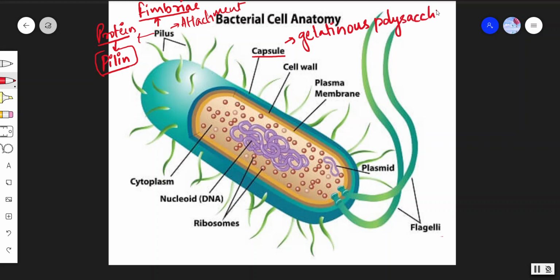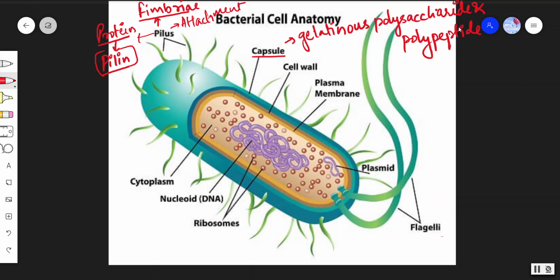And it protects the bacteria from pathogens and desiccation. Okay, and also helps in the adherence to any surface.